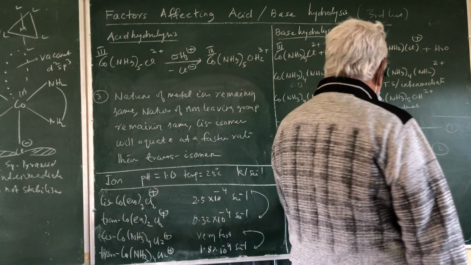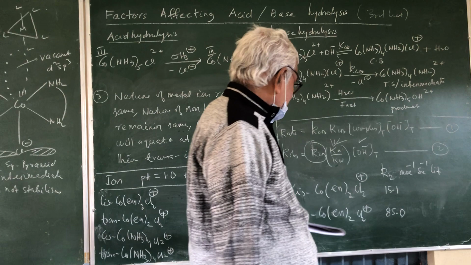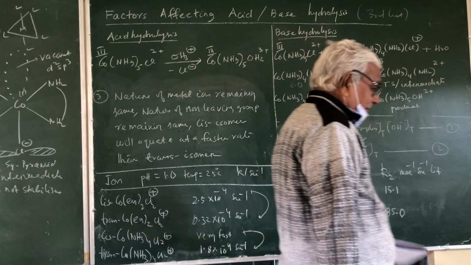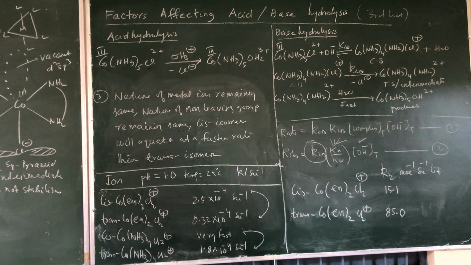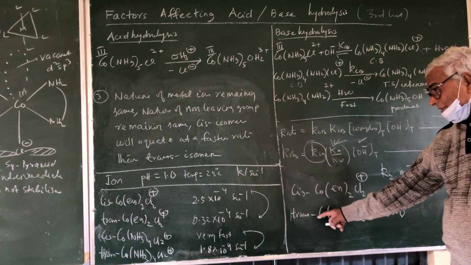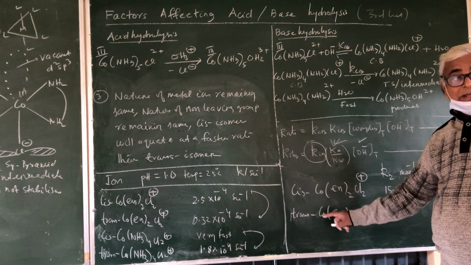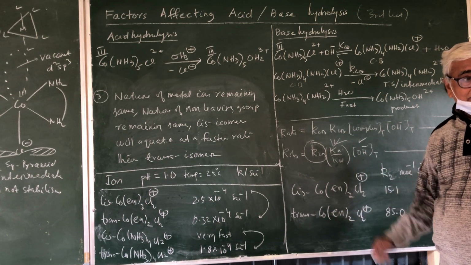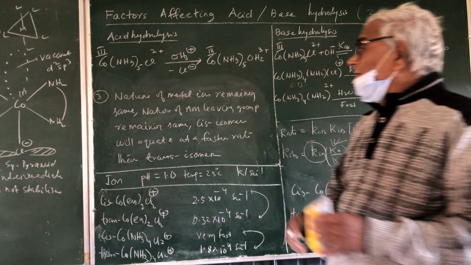The rate constant of the trans isomer is greater than that of the cis isomer. Why is this happening? Here in base hydrolysis the situation is reversed. The trans isomer undergoes base hydrolysis faster than the cis complex. Why is this happening?